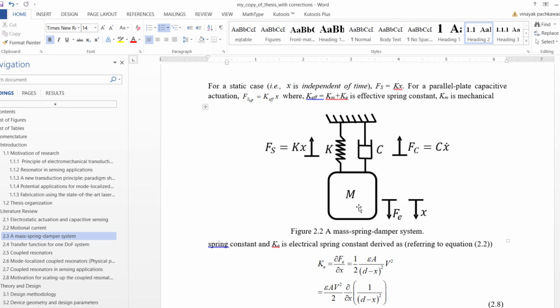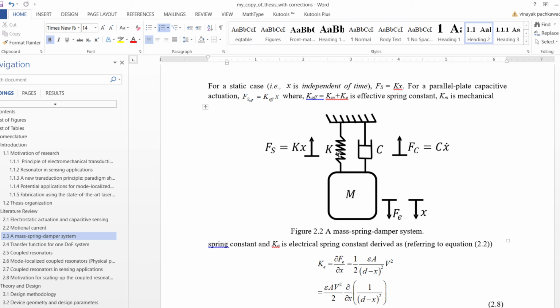And when there is a movement of this proof mass in a given direction, this spring will exert another force called the restoring force of this system, indicated by spring force or restoring force equals K times x.